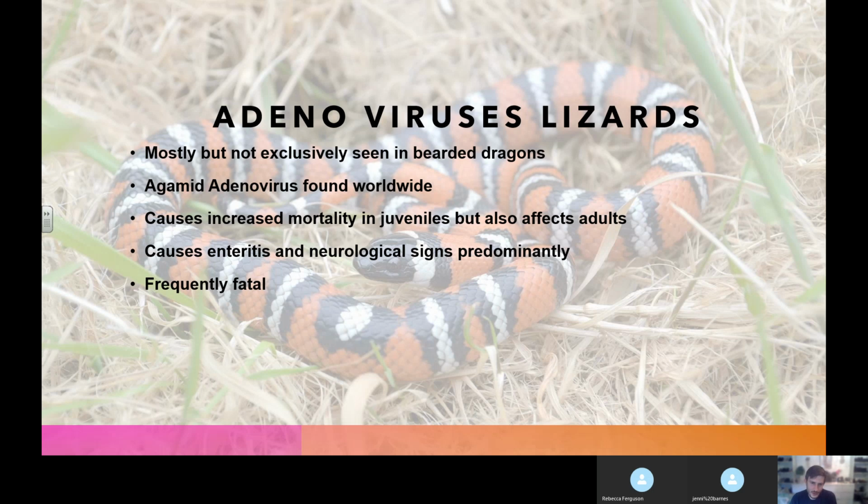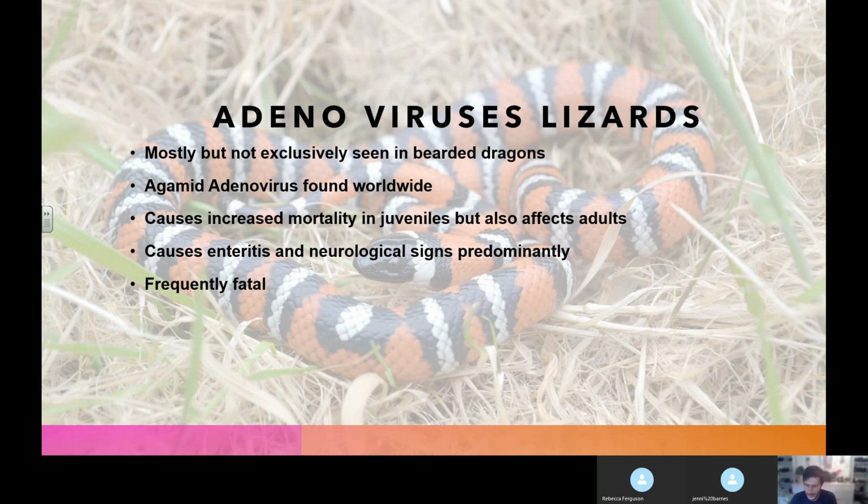Now moving on to adenovirus. Now these viruses predominantly affect lizards, and agamid adenovirus is the most common adenovirus that we see in captive reptiles. It's found all over the world. It's found in the US, it's found in Europe. We have a lot of it in the UK.